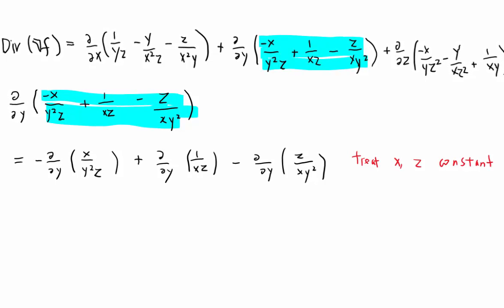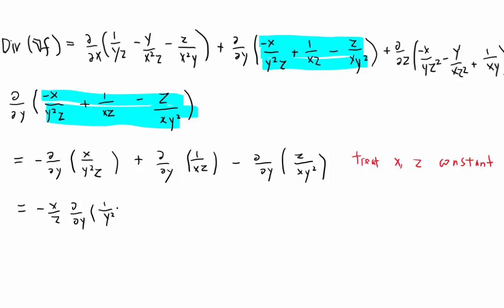Now let's focus on the second term, the partial derivative with respect to y of the second bracket, which has three terms. We split them into three terms, and since we are doing partial differentiation with respect to y, we treat x and z as constant. For the first term, you can take out x and z and differentiate 1 over y squared with respect to y.